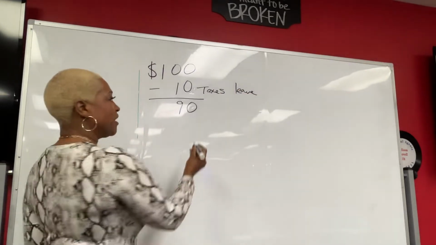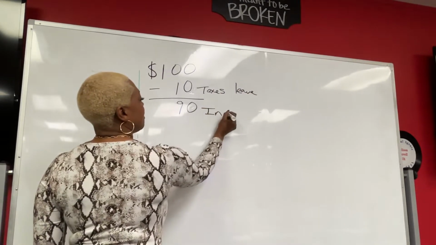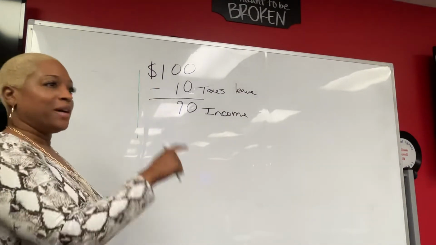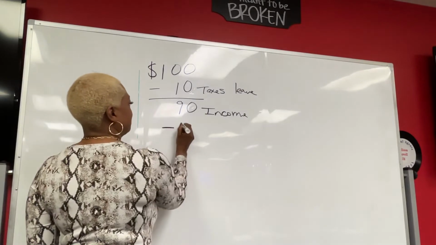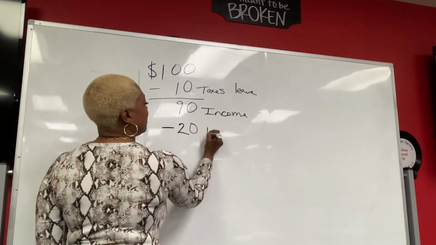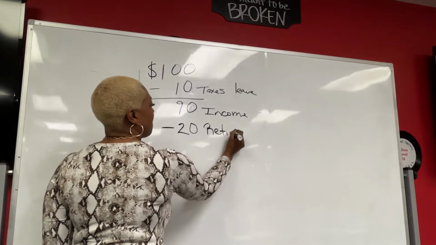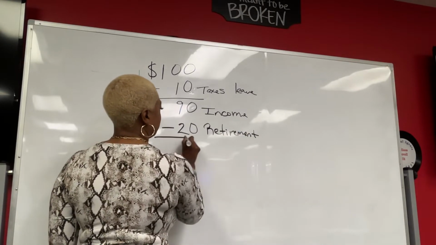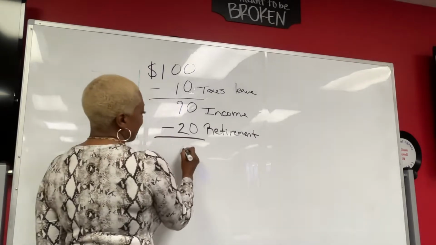Taxes leave your paycheck. $90 is your income. Then you put money into your retirement. Let's say I put the 20 into retirement. And that leaves me with $70.